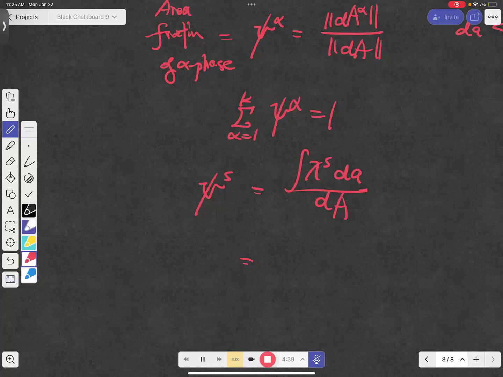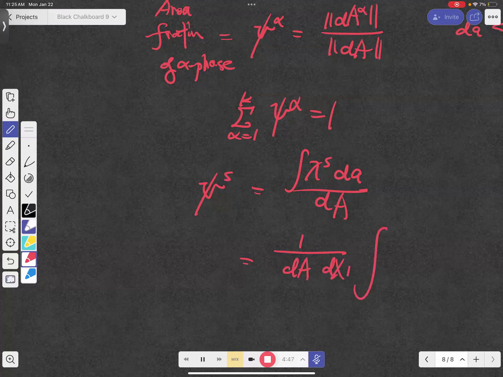Okay, so this is actually equal to, if I integrate this along the whole line, okay, so what is x1?